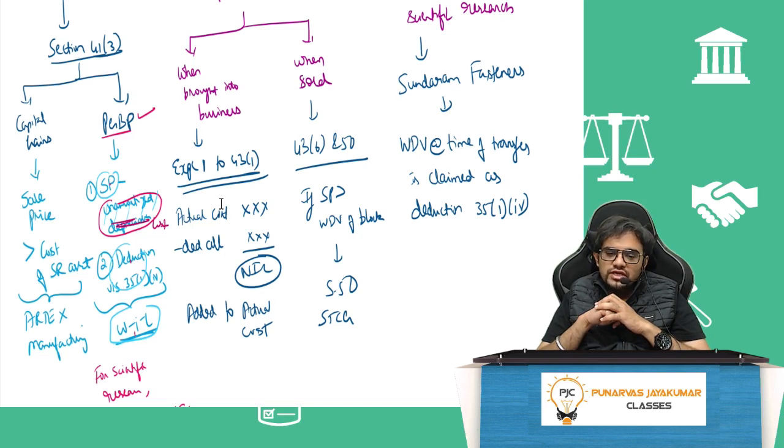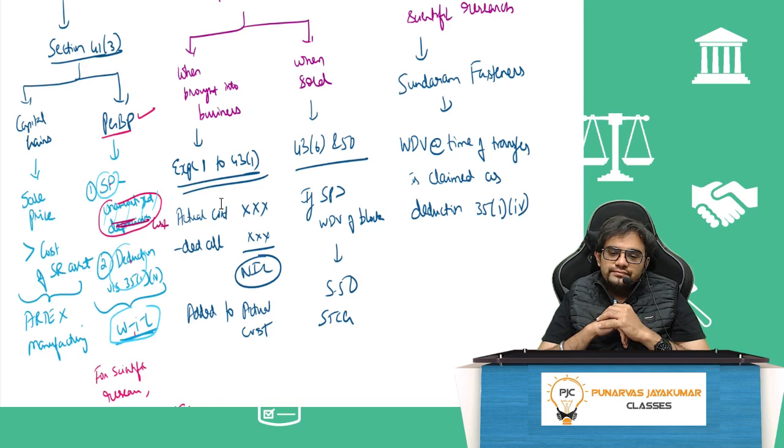Selling price 14 crore or deduction under 35(1)(iv). What is the deduction under 35(1)(iv)? Deduction under 35(1)(iv) is 10 crore. Correct? Already taken deduction is 10 crore. So selling price 14 crore or deduction 10 crore, whichever is less. 14 or 10, whichever is less. So which is less? 10. So what is the PGBP income?